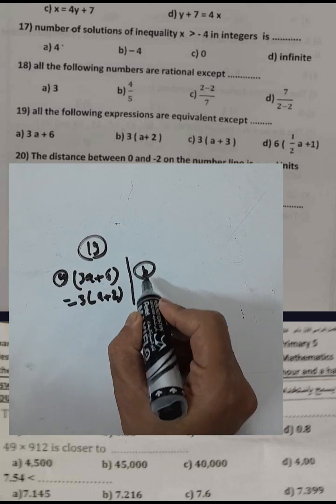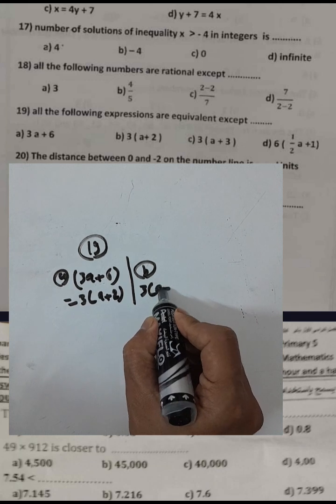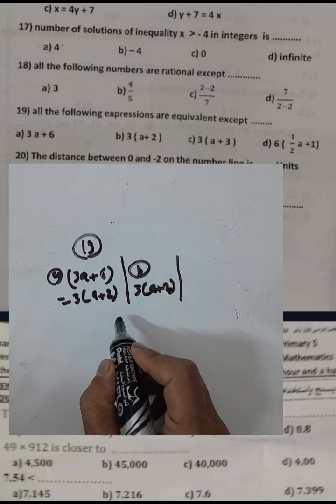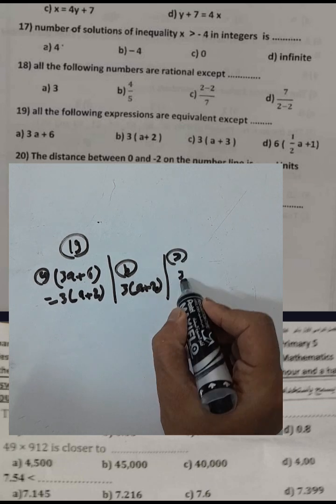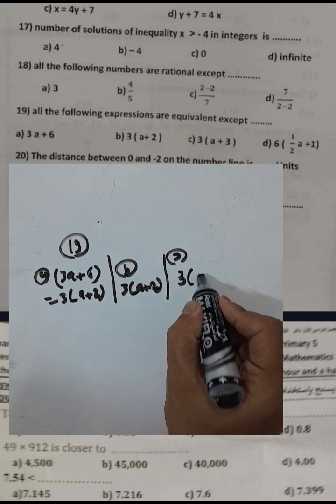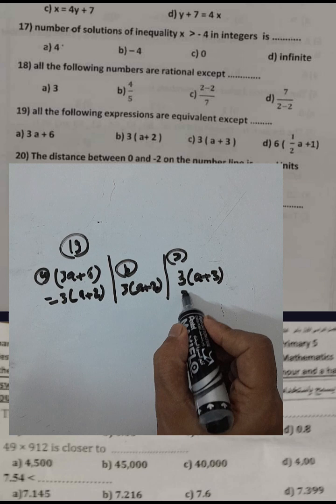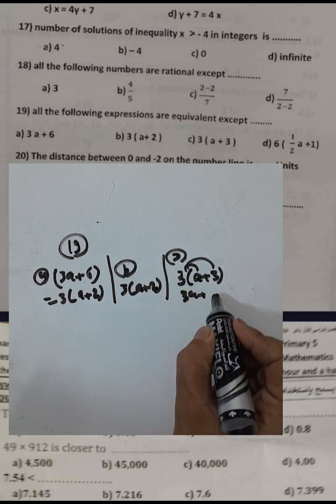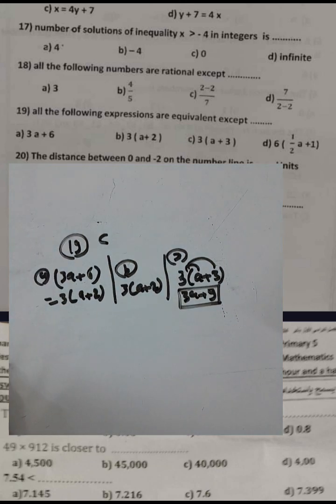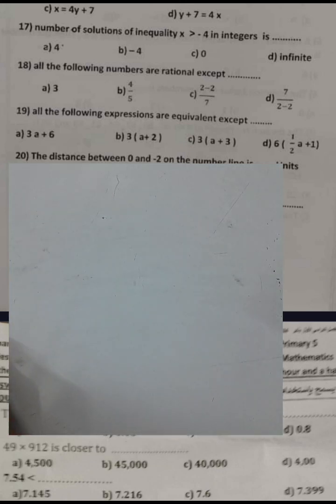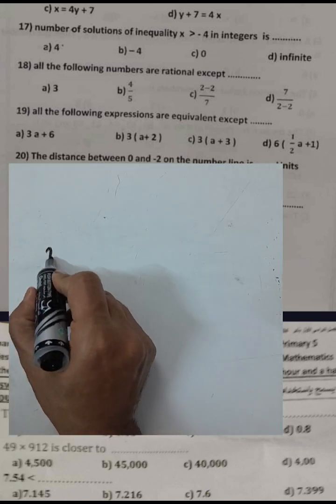Letter B, we have 3 product by a plus 2. It's equivalent. But letter C, 3 product by a plus 3, the result will be 3a plus 9. It's not equivalent. Choose letter C.